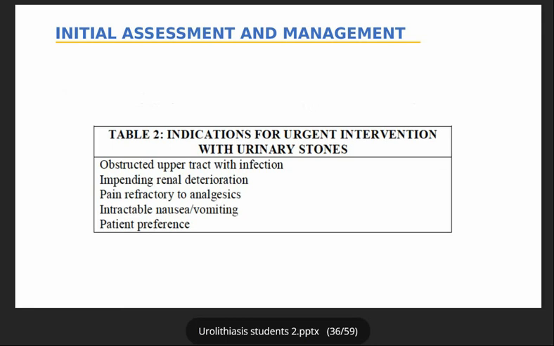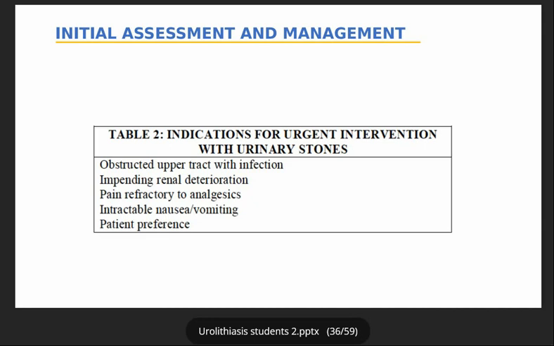So basically, when you see a patient with a urinary stone, you have to assess whether this patient needs urgent intervention or not. What are the indications for urgent intervention? If there is obstruction with infection, so the patient has fever, you have to intervene urgently. Also if there is an increase in creatinine, or you think there is impending renal failure.